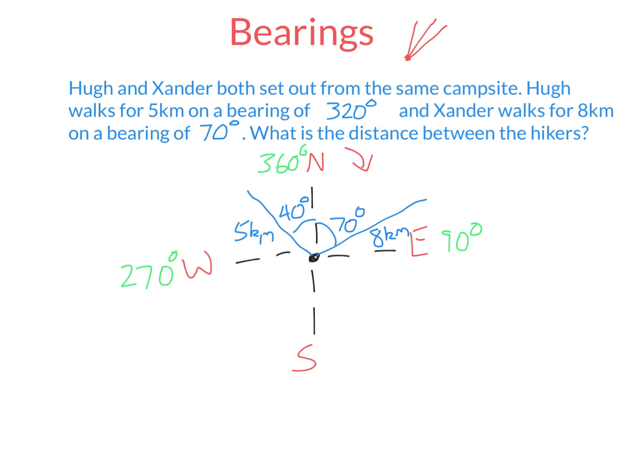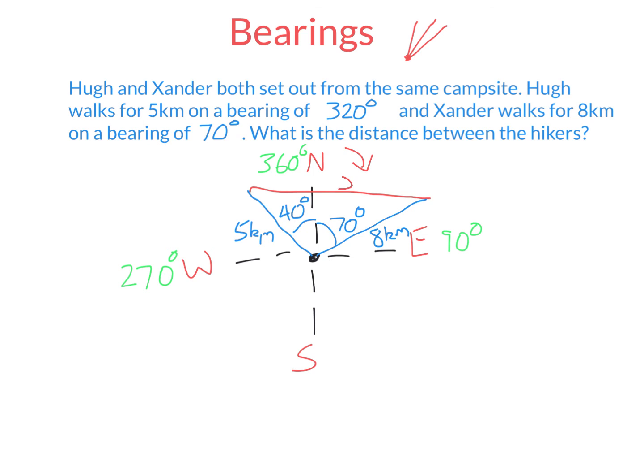To find the third side, to find the distance between them, which is this distance here, we need to make it into a triangle. So now we have 2 sides and the angle between. This angle here is 110 degrees. So we can use the cosine rule.